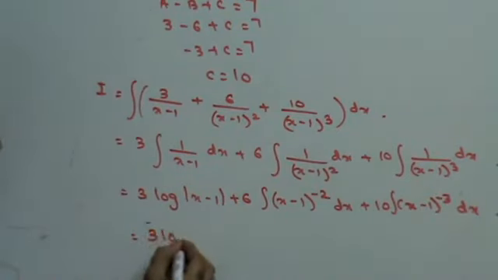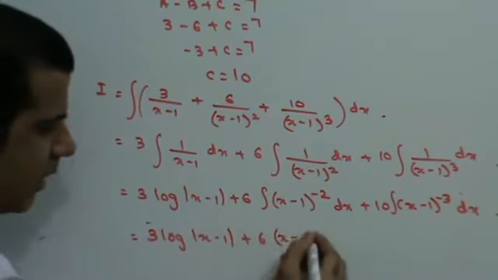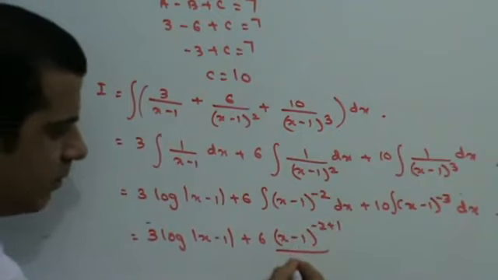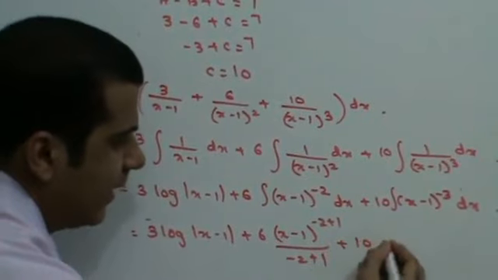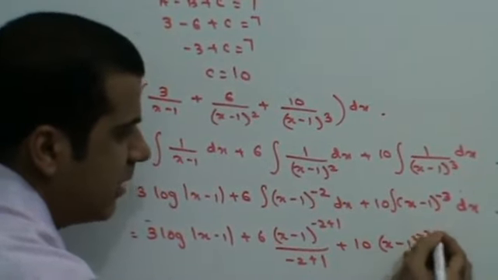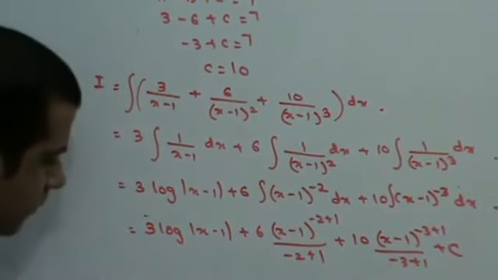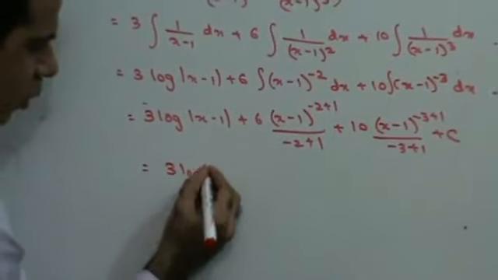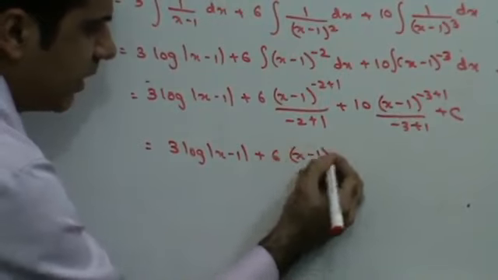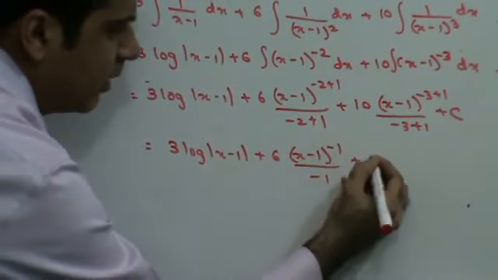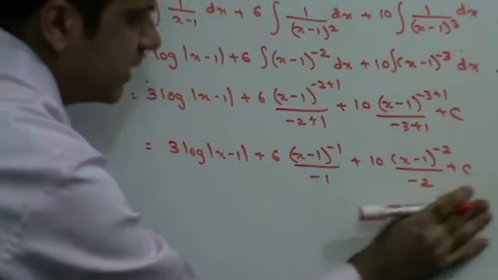This is 3 log mod x minus 1 plus 6 x minus 1 raised to minus 2 plus 1 upon minus 2 plus 1, using the x raised to n formula, plus 10 x minus 1 raised to minus 3 plus 1 upon minus 3 plus 1, plus c. This is 3 log mod x minus 1 plus 6 x minus 1 raised to minus 1 upon minus 1 plus 10 x minus 1 raised to minus 2 upon minus 2 plus c.